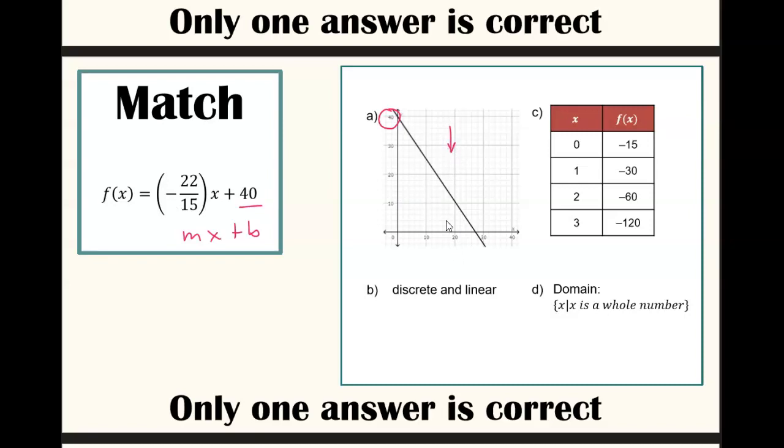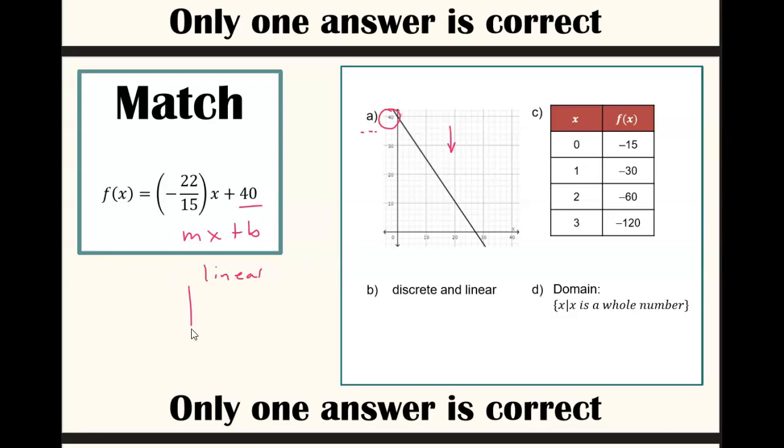We could even calculate out the slope, although that looks pretty nasty and I don't want to do it right now. So maybe let's leave A open as an option, and let's see if we can eliminate any of the other ones. How about discrete and linear? Well, this is the equation of a line, so this is linear. What about discrete? Would we expect this to be discrete?